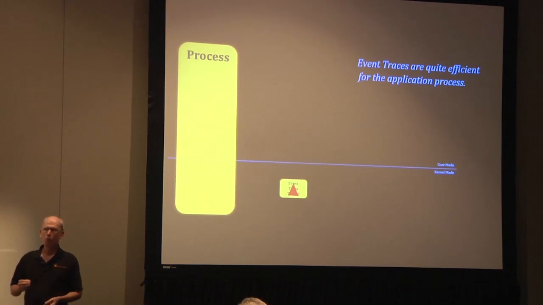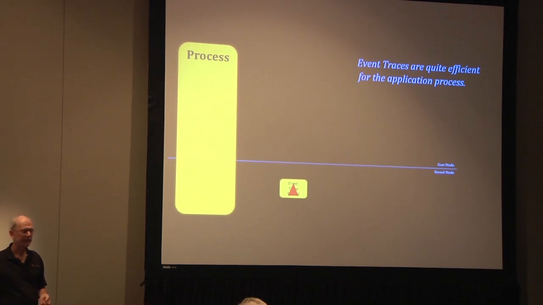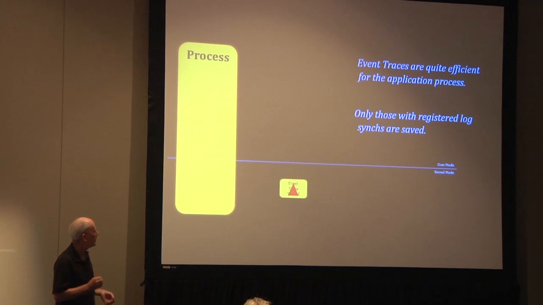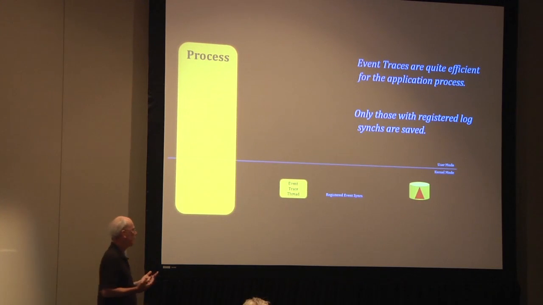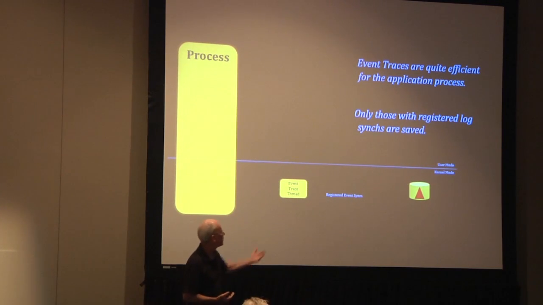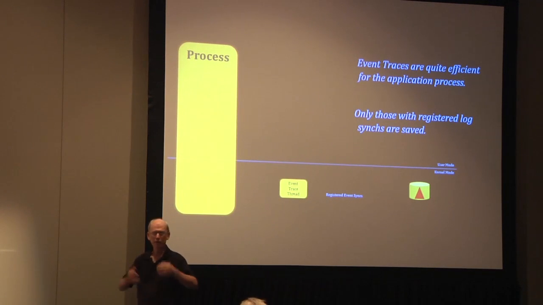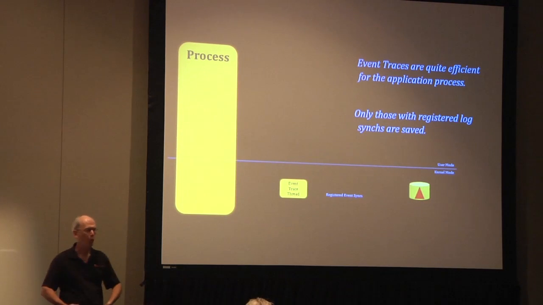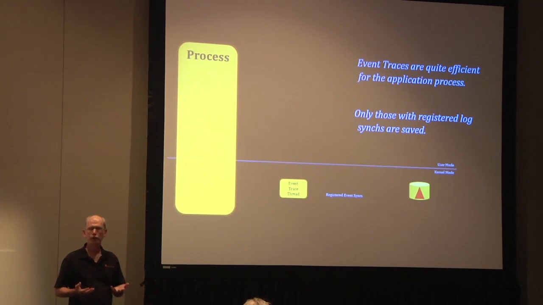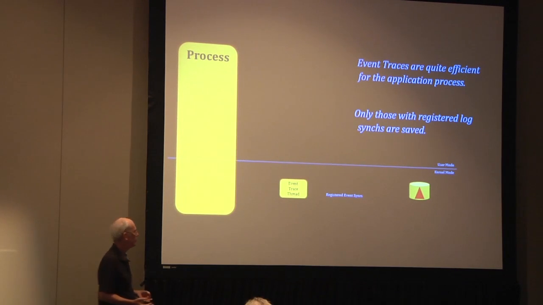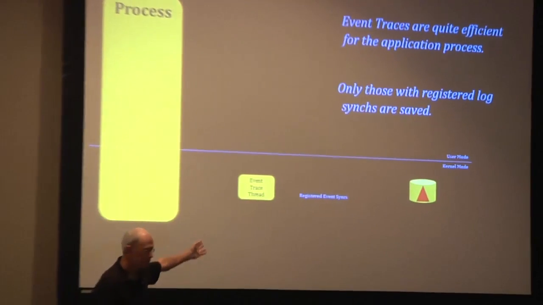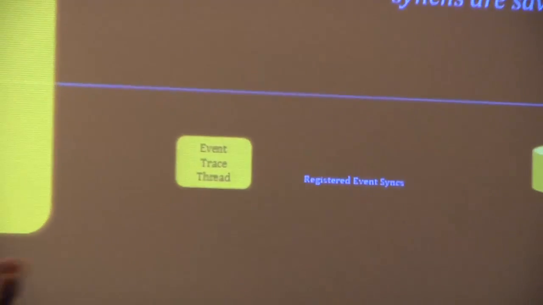What will happen if nobody is registered for listening? If nobody is listening for that particular kind of event, it just gets thrown away. But if somebody has registered, they'll receive that event. In the case of most of the events that we see in the event viewer, when you boot your operating system up, Windows automatically registers to receive a whole slew of events and designates the log files that they're supposed to go to. So when the event trace thread wakes up, it then writes that stuff out.